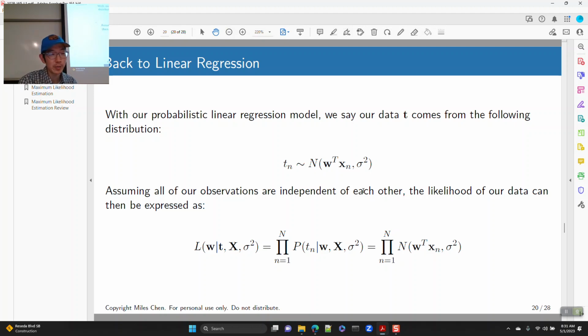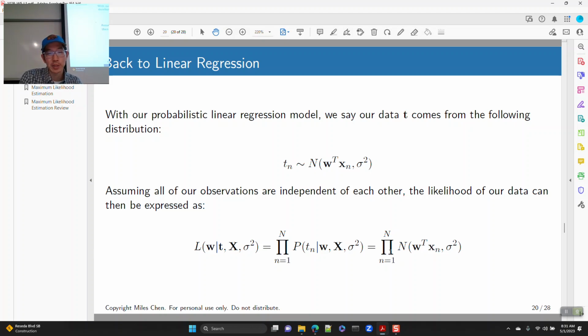And then that means, for the likelihood of the entire data that we have, we can just take the probability of each individual observation, and then we take the product of all of them, okay? Technically, this is a distribution specification, but just pretend this is the PDF of the normal distribution with these model parameters.